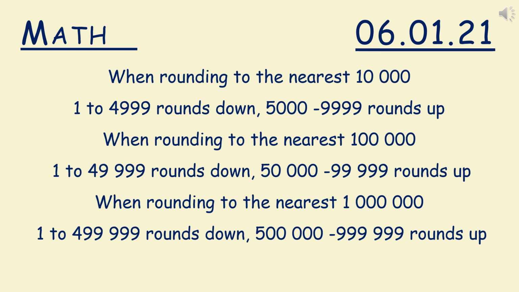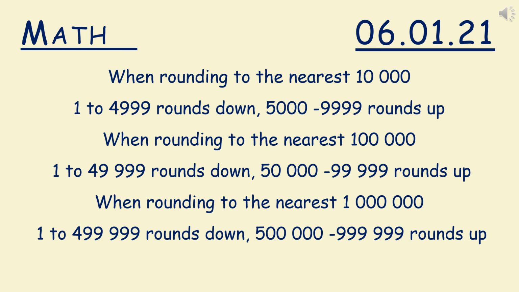When rounding to the nearest 10,000, 1 to 4,999 round down and 5,000 to 9,999 round up. When rounding to the nearest 100,000, 1 to 49,999 round down and 50,000 to 99,999 round up.